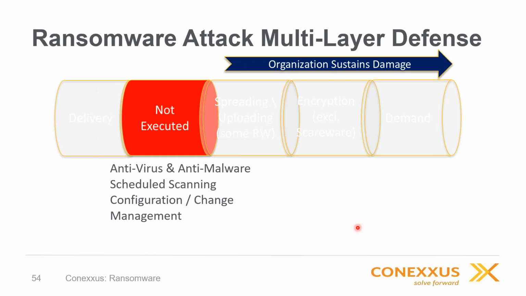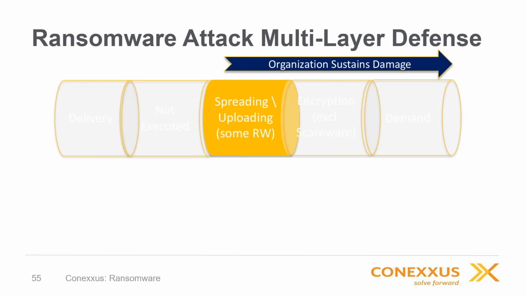Of course, any configuration change management you have in place could also identify files that are unexpected, not supposed to be there, or have changed in some way. So those are good tools at the not-executed stage to help fend off ransomware.